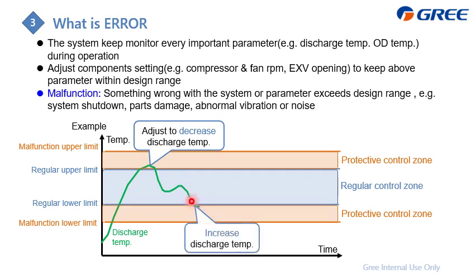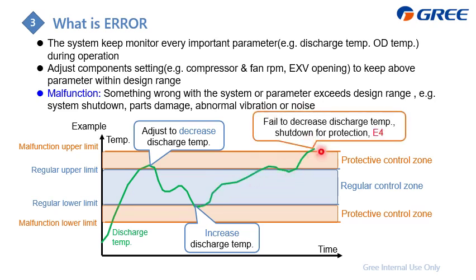And if it is lower than the regular lower limit, we adjust the parameters to make it a bit higher. Once it is in the regular zone, the system will not do any protective control. But if it is out of the protected zone, the system has no choice but to shut down and display the error code, which is E4.